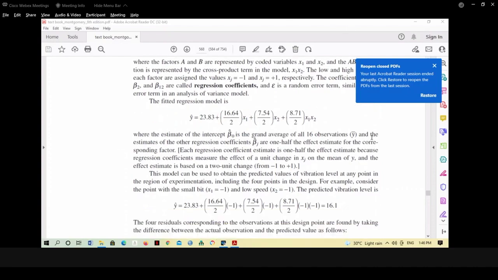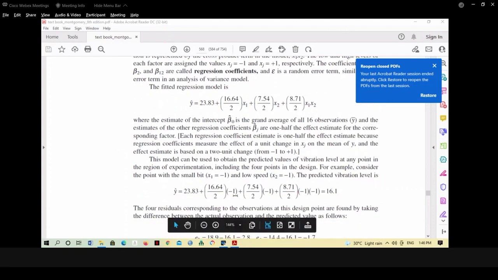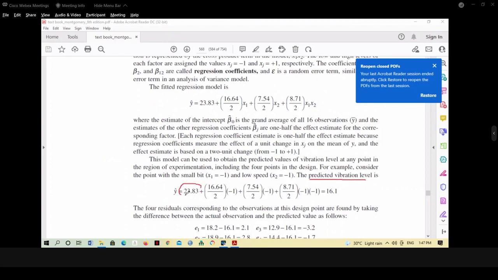This is how they develop the predicted equation. This is the overall mean, and this is the effect divided by 2, the coefficient. The coefficient of A is 16.64 divided by 2, which is 8.32.